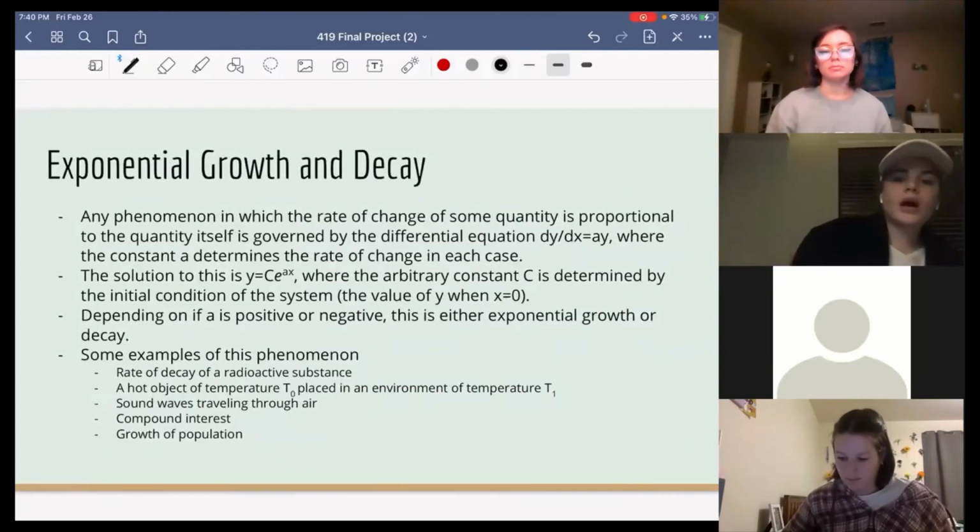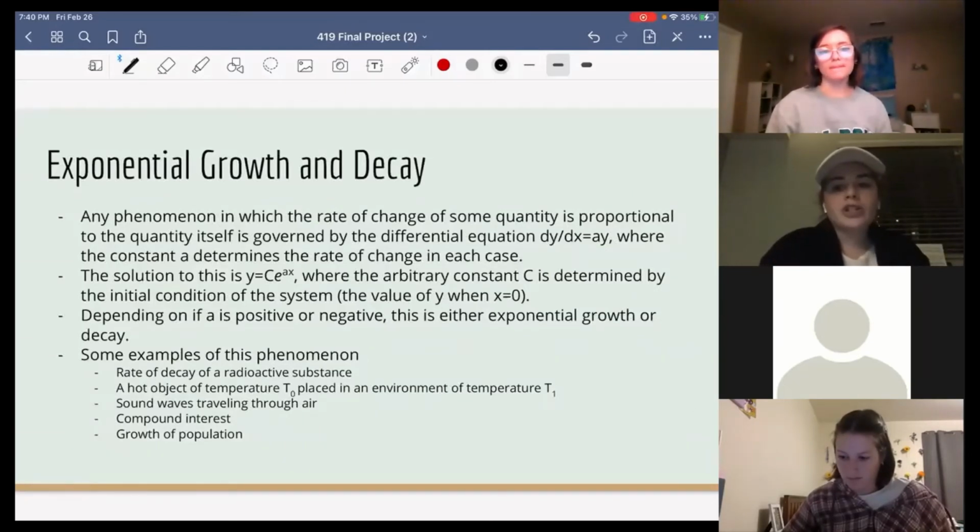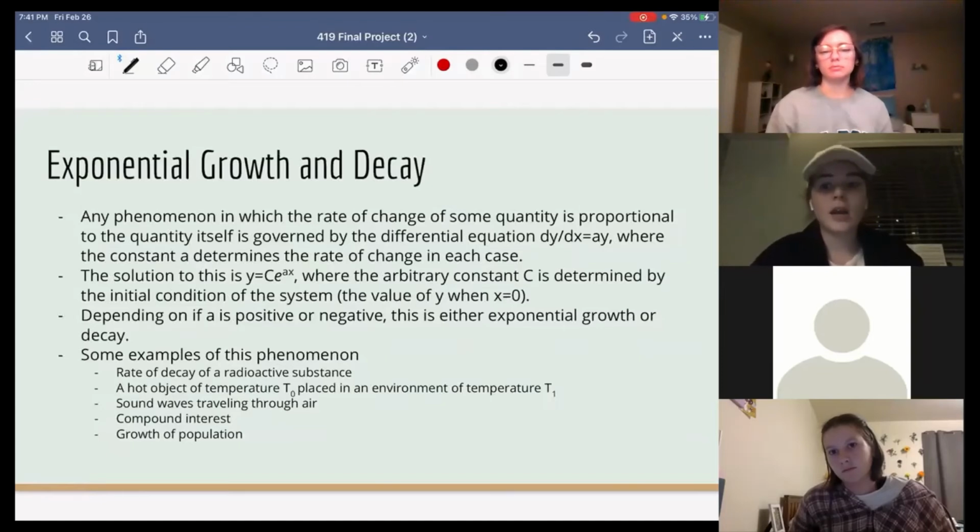Okay, so any phenomenon in which the rate of change of some quantity is proportional to the quantity itself, any time that this happens, this can be governed by the differential equation dy over dx equals ay. And in this case, a determines the rate of change in each particular case.